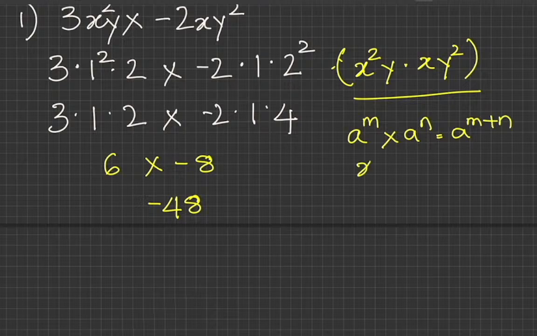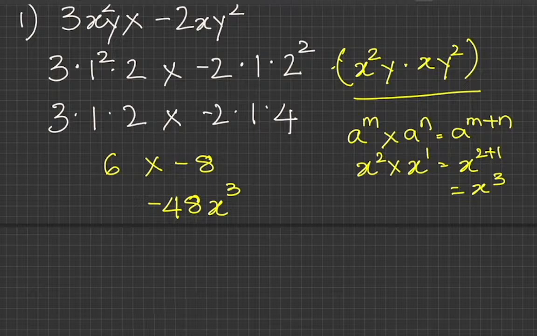So x to the power 2 times x to the power 1 will give me x to the power 2 plus 1, which is equal to x to the power 3. And same thing, consider there is a y to the power 1. So y to the power 1 times y to the power 2 is y to the power 3. This is your negative 48 x cubed y cubed. So this is one part.